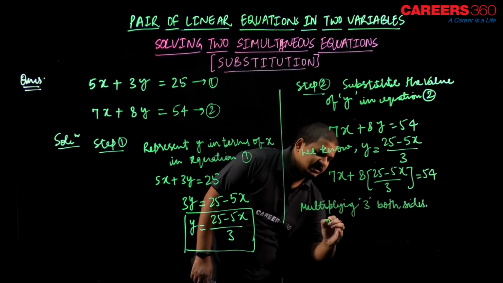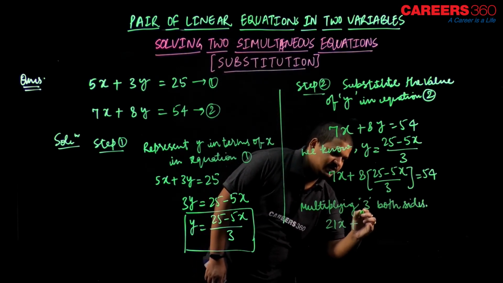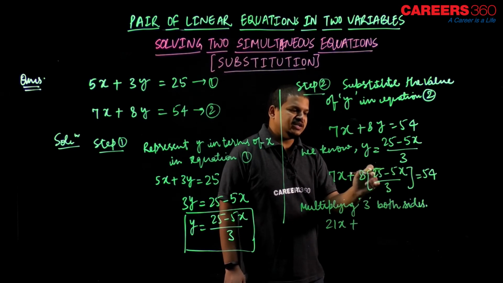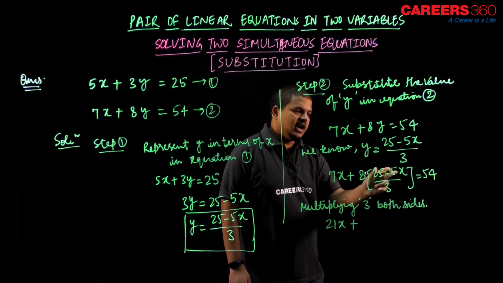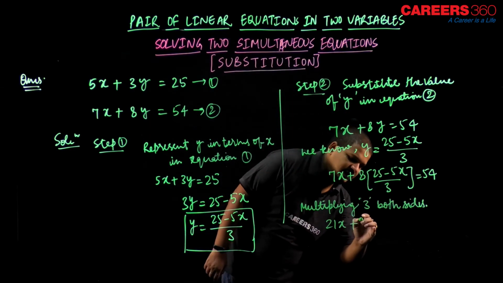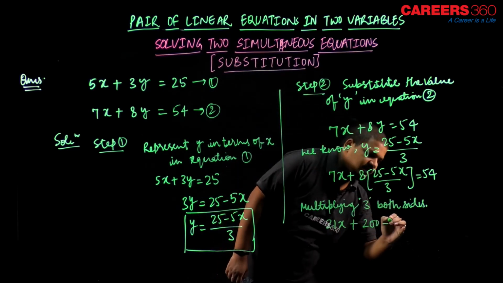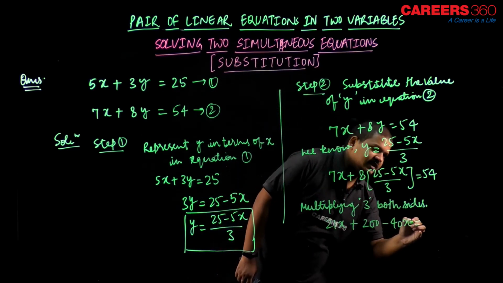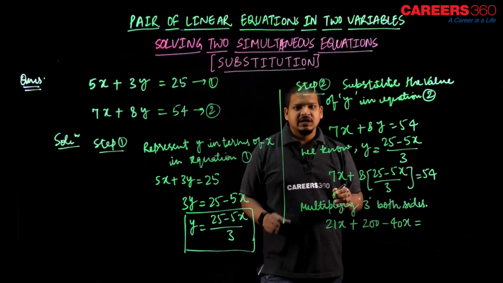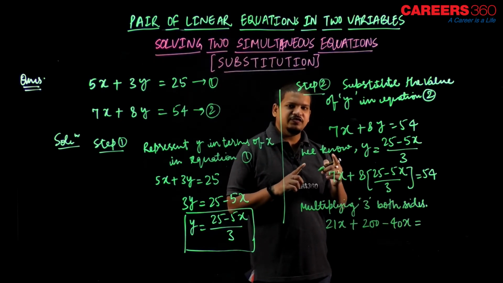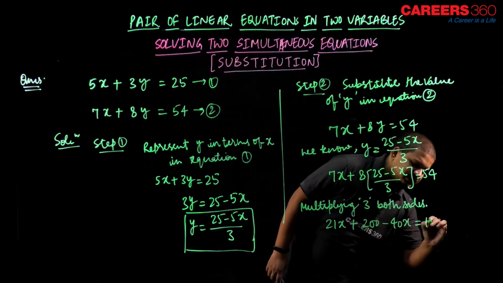So what I'll be achieving is 21x plus, now if I multiply 3 in the second term, then the 3s will cancel out and this bracket will be opened. So 25 8s will be 200 minus 8 5s 40x is equal to 54 3s. See, 50 3s 150 and 4 3s 12. So 150 plus 12, that is 162.